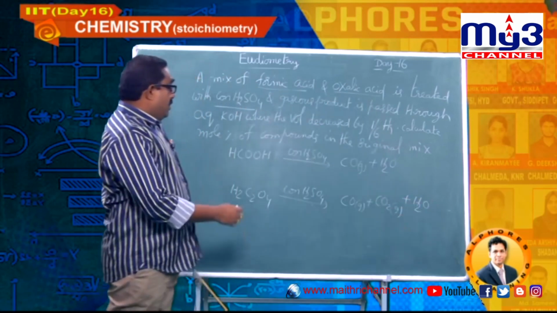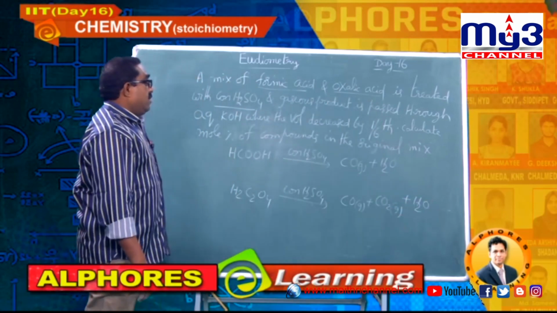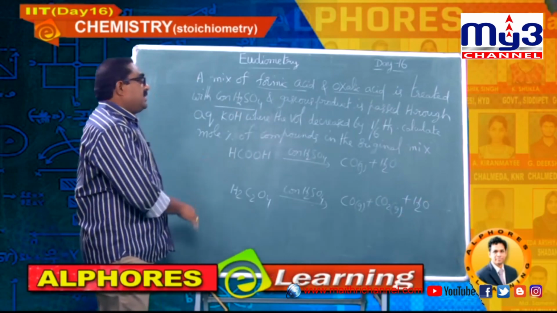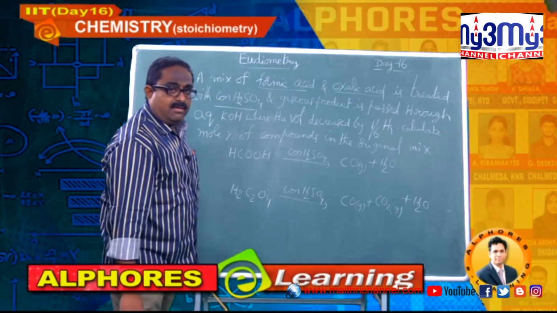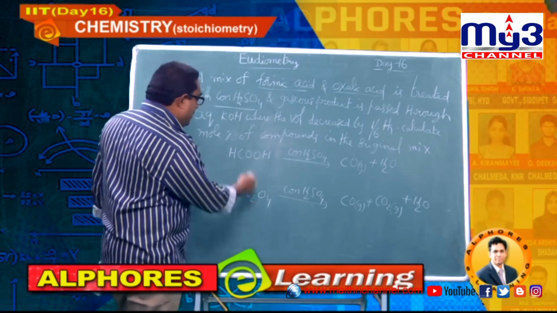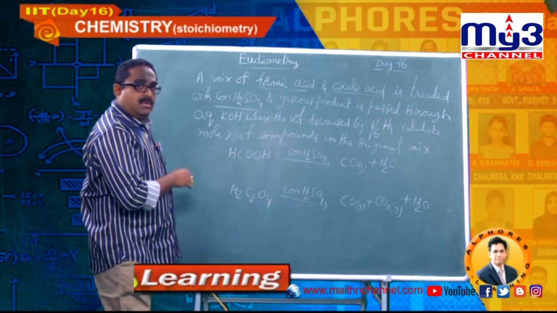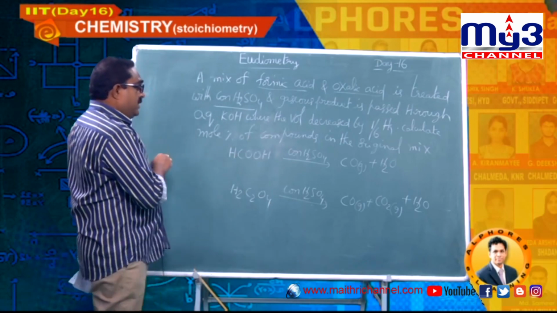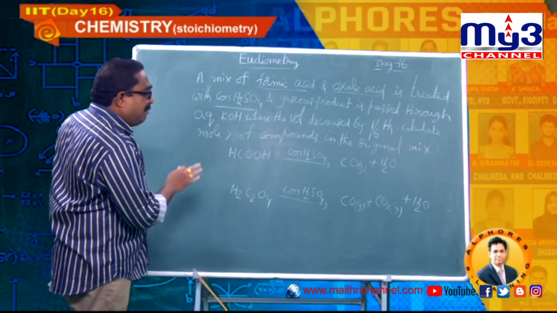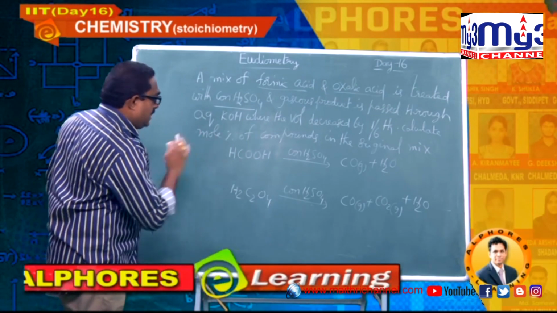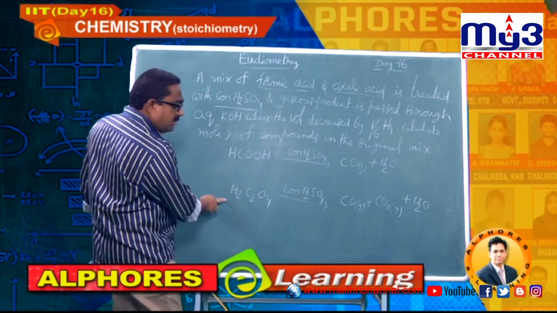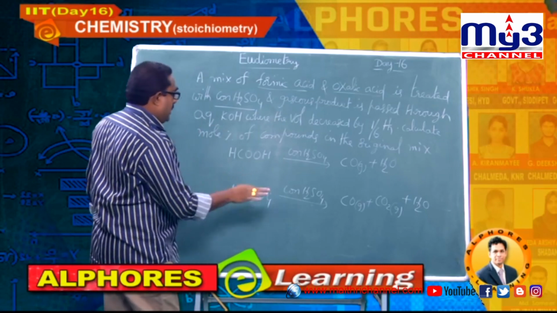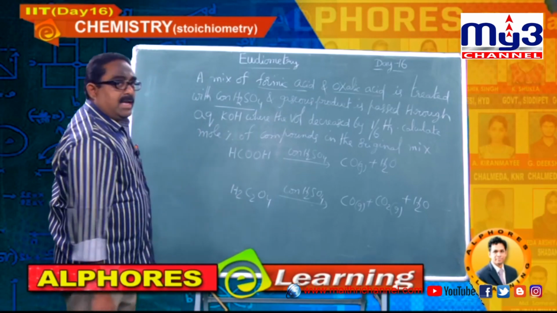Sir, you are writing the equations, but we don't know them. We will know these equations once we complete the group elements in the first academic year syllabus. Because of that I am giving the equations to you. Now see, are these two balanced or not? Let us check. Okay, balanced. Here also balanced. These two are balanced chemical equations.